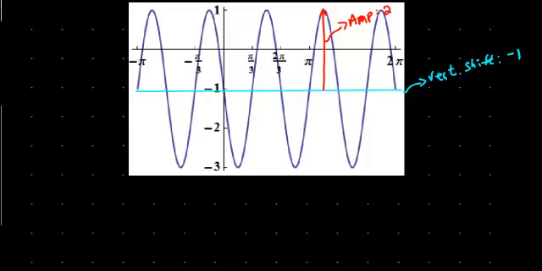Okay, and now what else do I need to know? Let's look at the period. So let's look at this function from, let's say, from here, and it looks like it completes its trip around the unit circle there. So let's start back here at -pi.